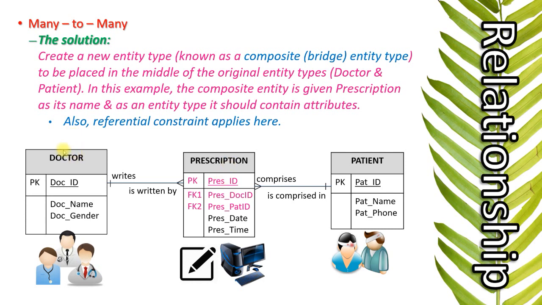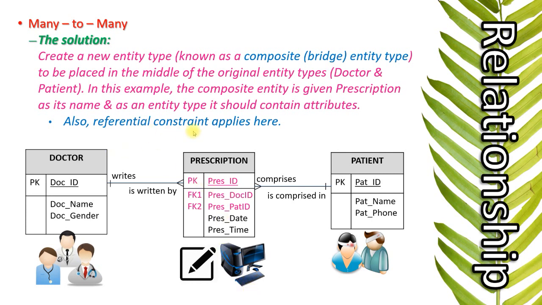Now you see doctor and patient entity types become the parent entity types automatically, since they have the one symbols placed next to them, while prescription in the middle becomes the related entity type, since it has the many symbols placed next to it.